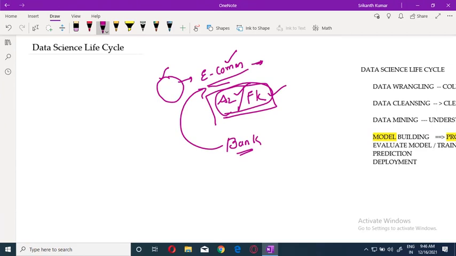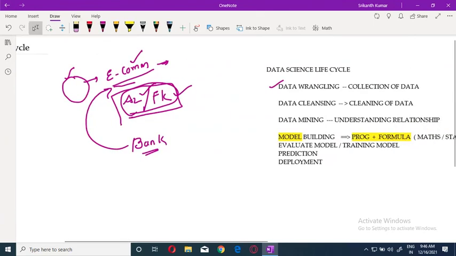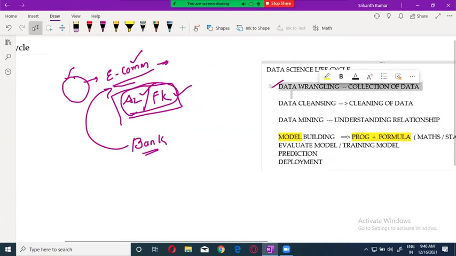So in that case, data wrangling plays a very important role here, guys. Once you have the correct, right data, only then can you proceed further. If you don't have the right data, that's it, there ends the thing.